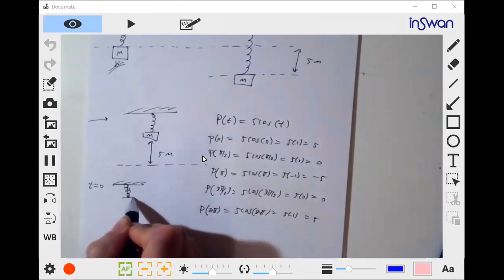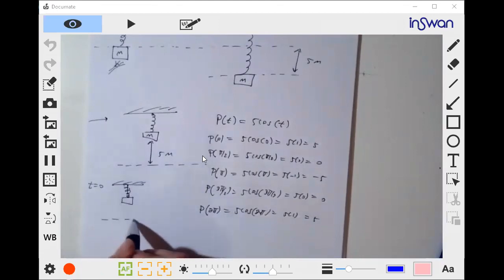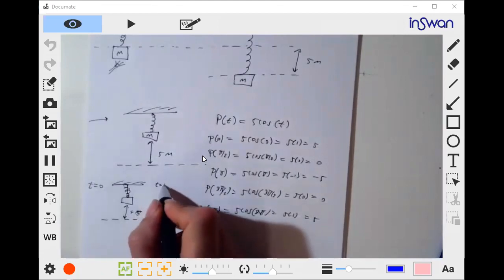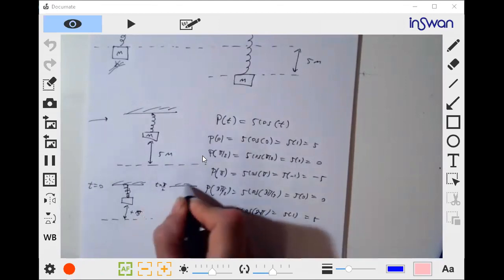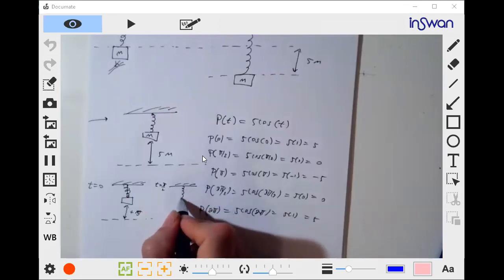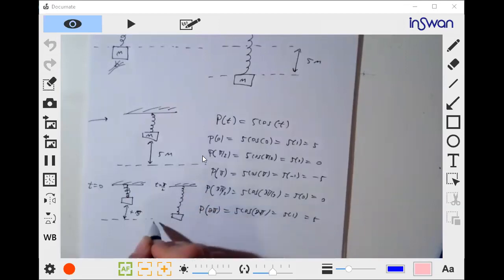Here's our mass. This is a displacement of positive 5 meters up. And then at t equals pi over 2, it's now at the value of 0.